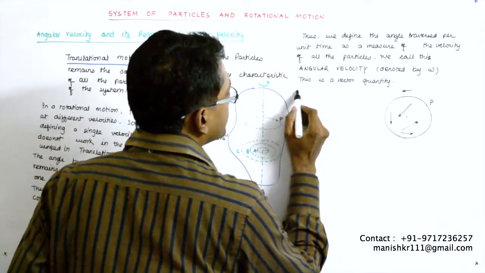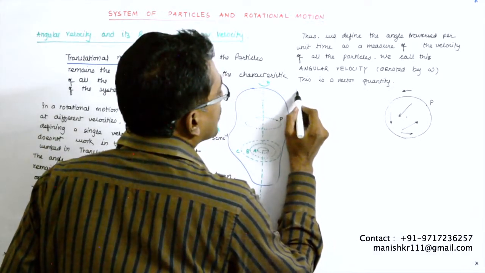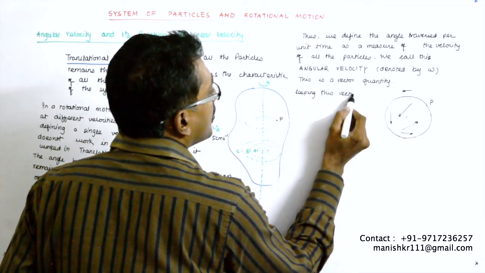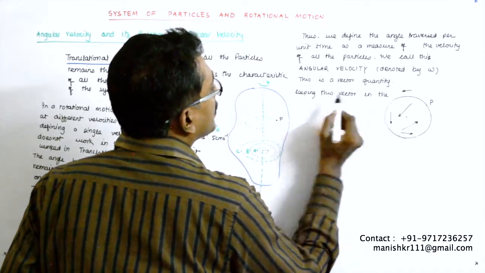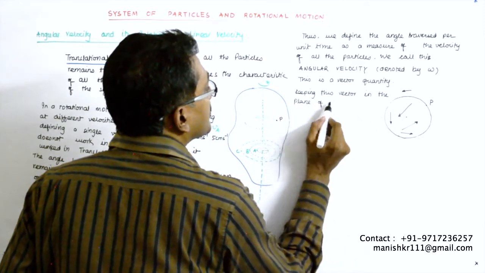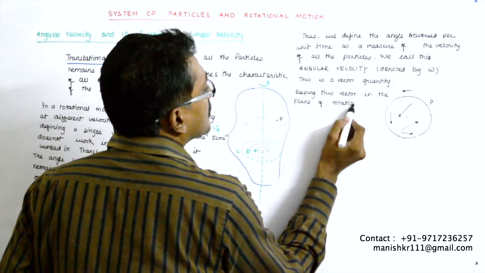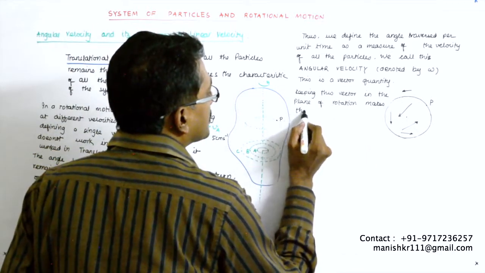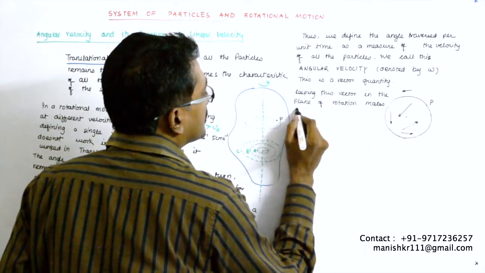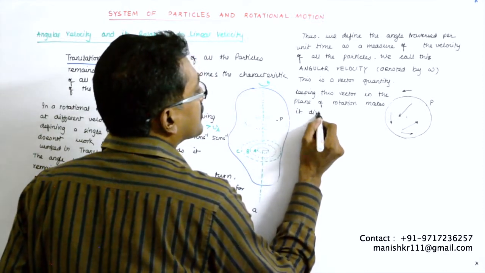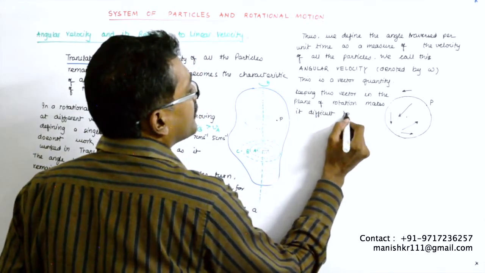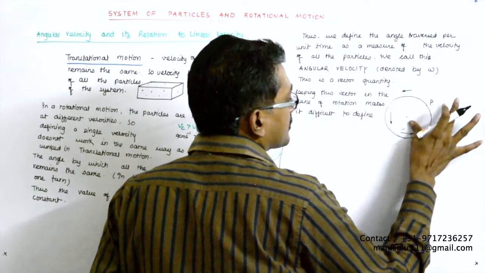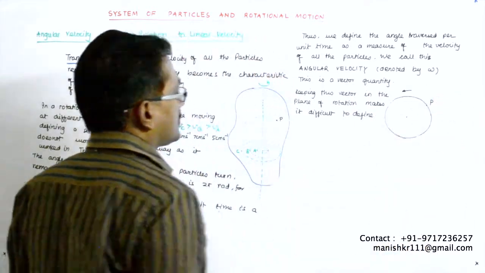So keeping this vector in the plane of rotation makes it difficult to define. So we won't do that. I erase this. Then what do we do?